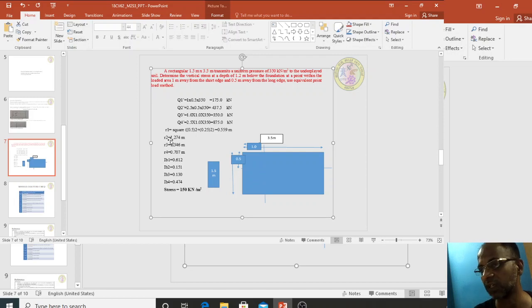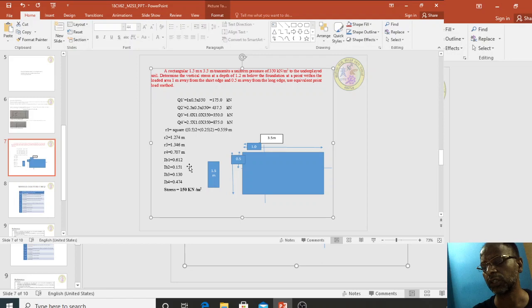Similarly, for the second one, 3.5 by 2 squared plus 0.25 squared, the root of that is R2. Third one is 0.75 and 0.5, the centroidal point of this rectangular block; the root of that value is R3.